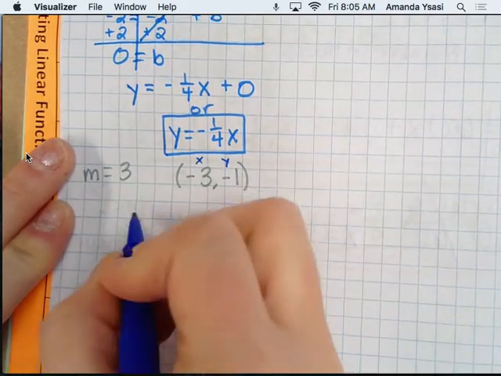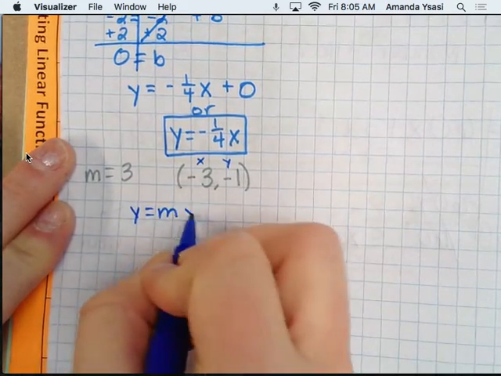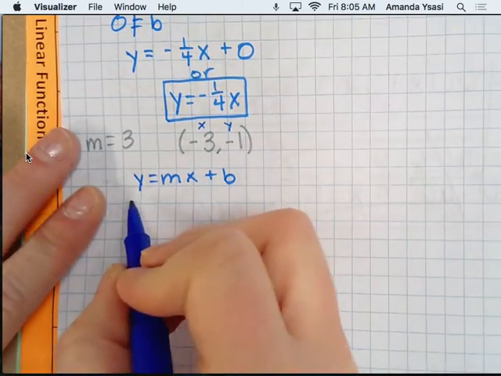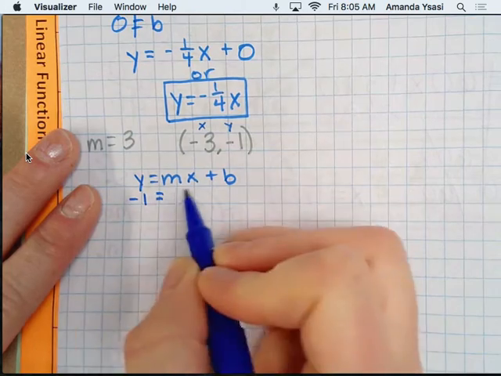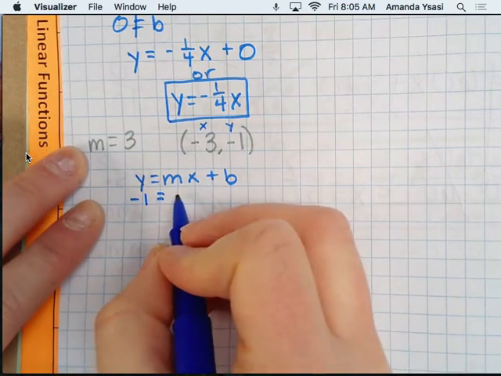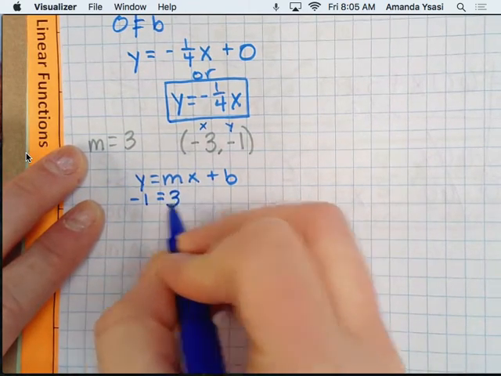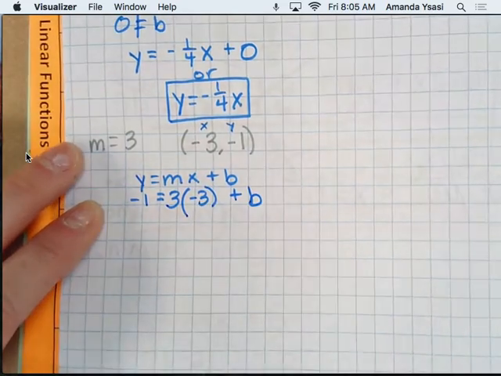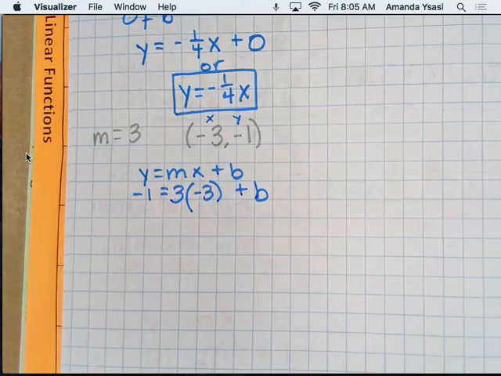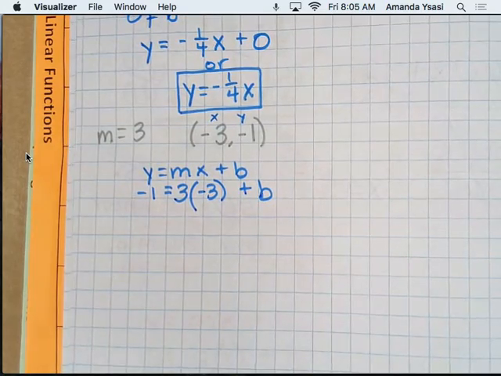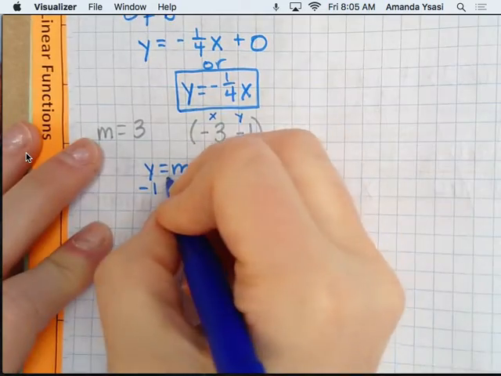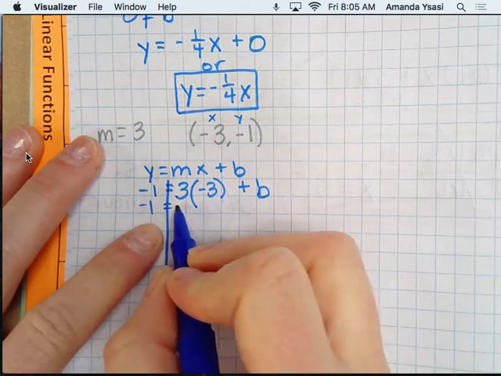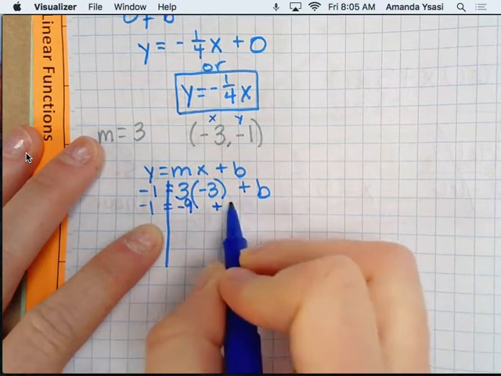We're going to plug it into the y equals mx plus b. So we have -1 equals m, which is 3, times x, -3, plus b. So we get -1 equals 3 times -3, which is -9, plus b.